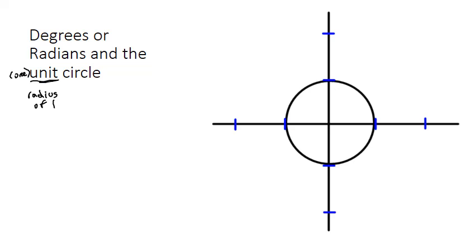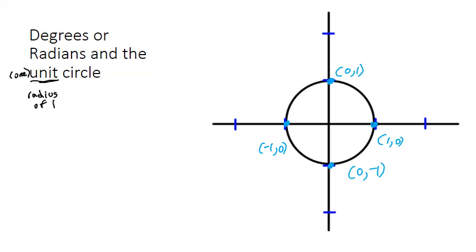So if our circle has a radius of 1, that means that this point here would be the point 1, 0. This point here would have to be the point 0, 1. This point would have to be the point -1, 0. And this point would have to be the point 0, -1.